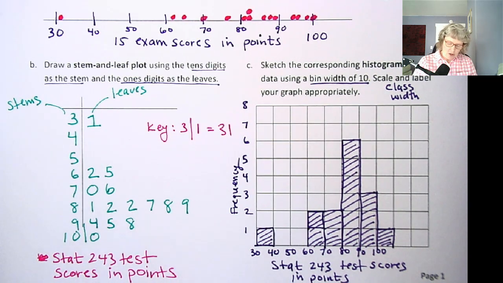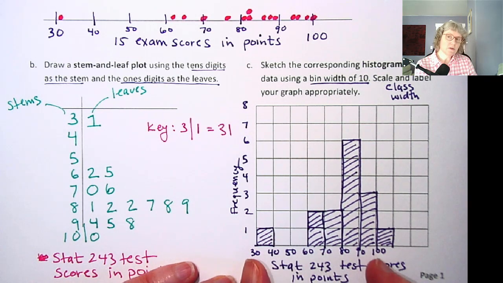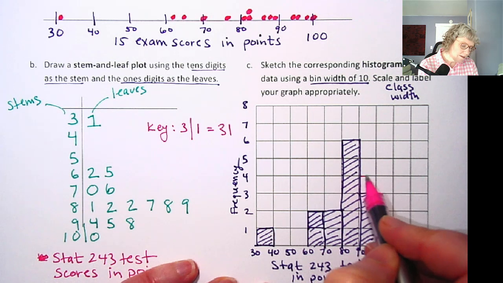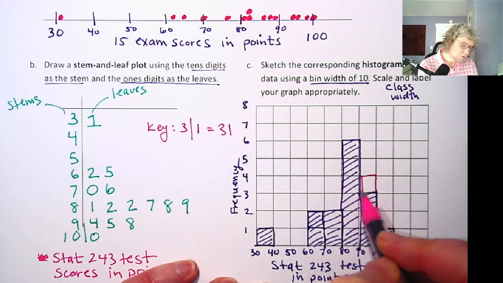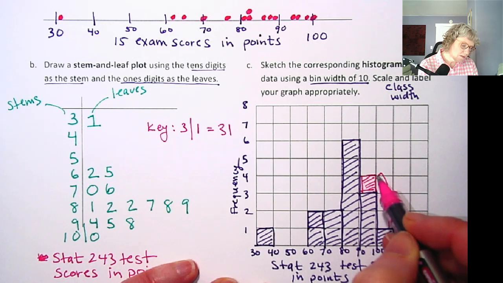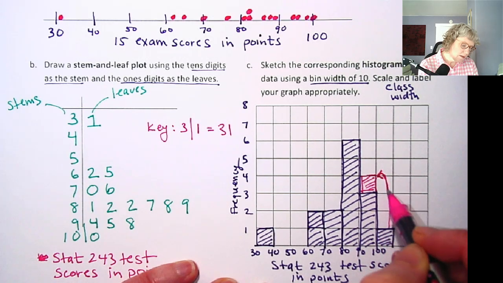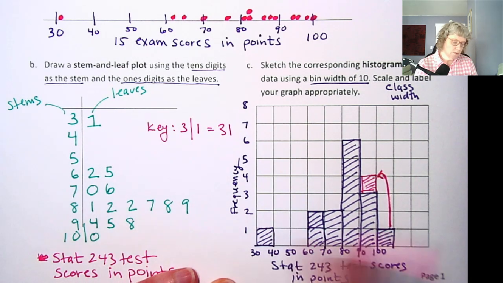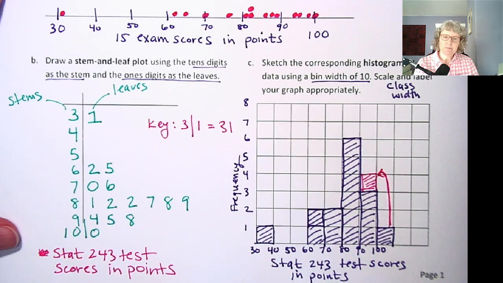So different technologies handle this differently. Sometimes you might see where it won't go over the max and it'll actually put the max in this bar. So you might see this point, this one right here, depending on, and we'll look at what Statplet does in just a second. You might see the last, if it goes over the max, or same thing with under the min, but if we're putting to the right, then it's only on the upper side that's a problem.